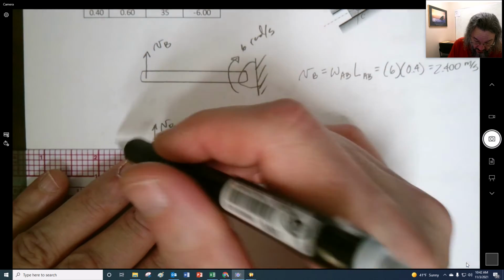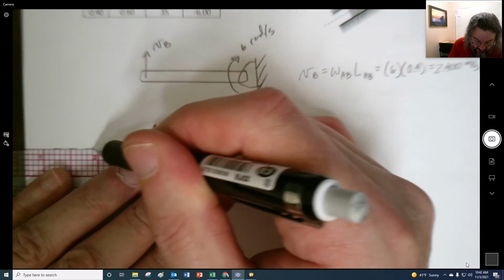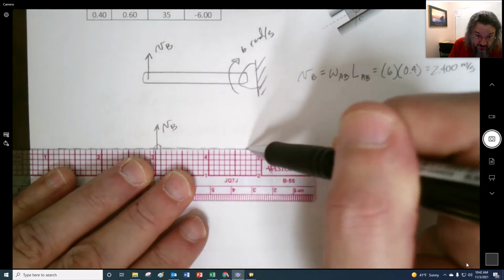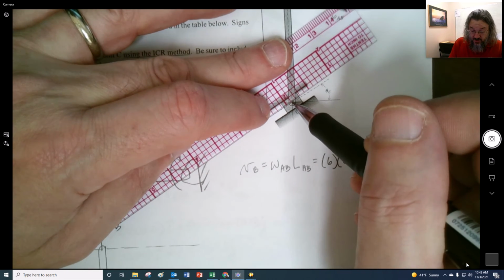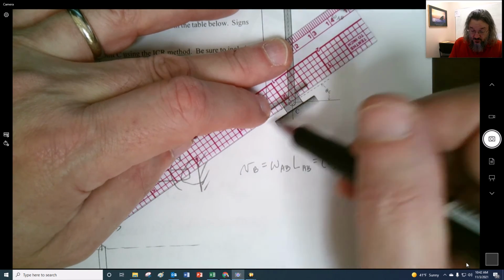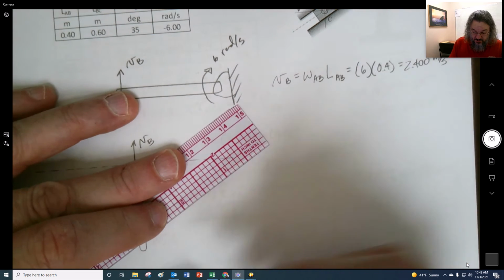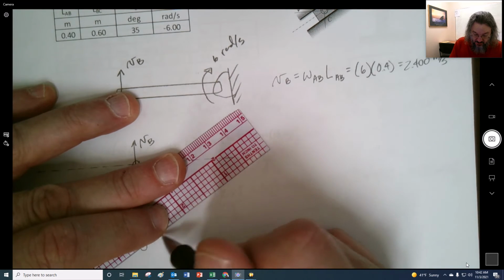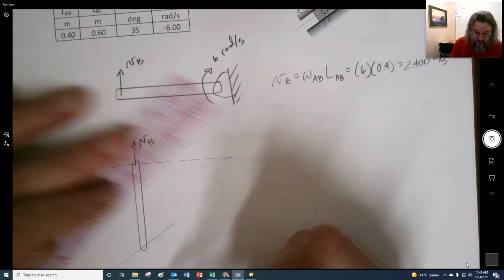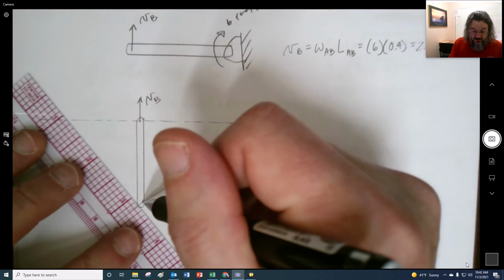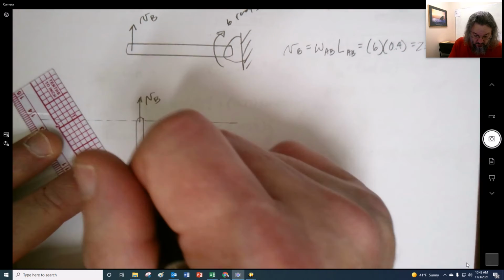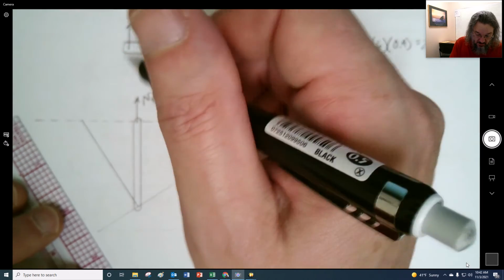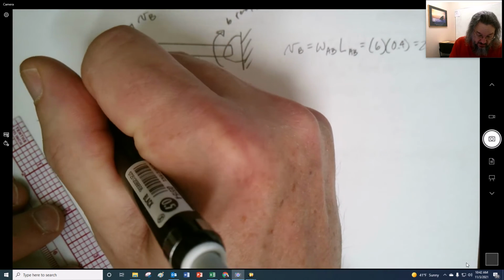So our line is going to be along this right here, perpendicular to it, right? We also have this line of action right here, which I'll transfer down here. So it's either coming that way or that way in terms of its velocity. We want to go perpendicular to it right there, and that is going to be our ICR.